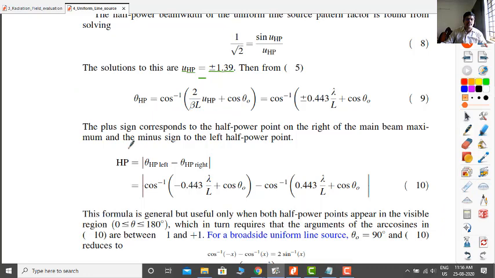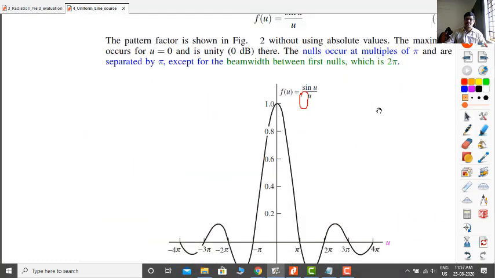Here the plus sign corresponds to the half power point on the right of the main beam maximum, and the minus sign to the left half power point. There are two signs, plus or minus: one corresponds to the right hand side, another to the left hand side, for the computation of half power beamwidth.